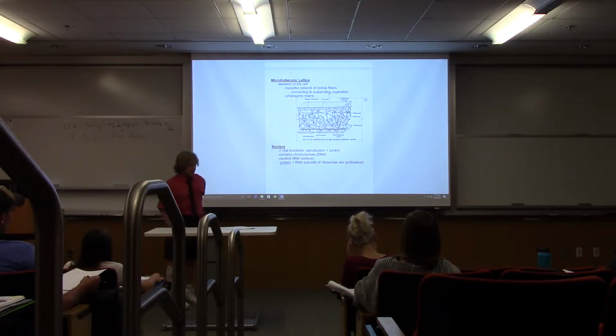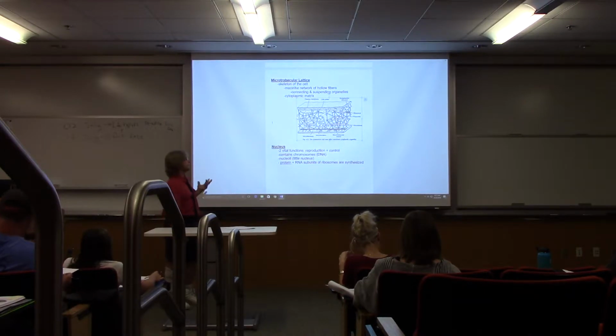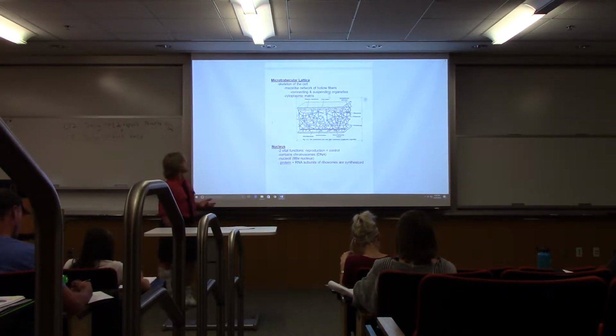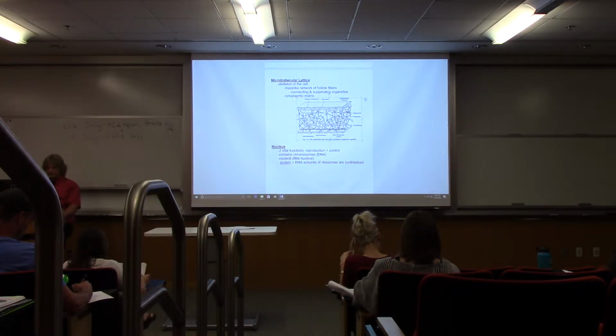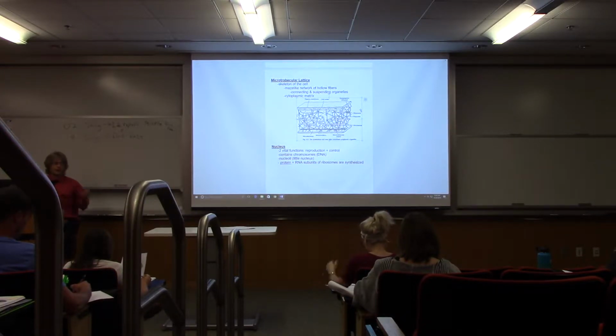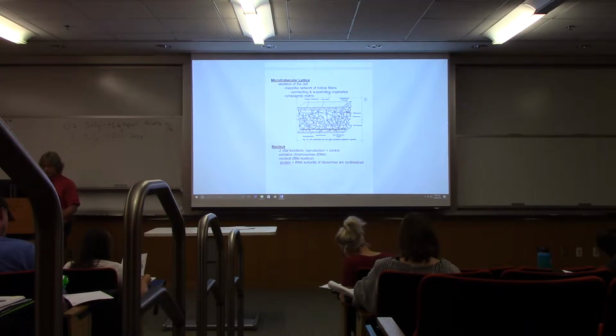The microtubular ladder making up the skeleton of the cell. The microfilaments and microtubules. And you saw all of these microtubules being dismantled and reassembled, again, by amino acids. Yeah, proteins.